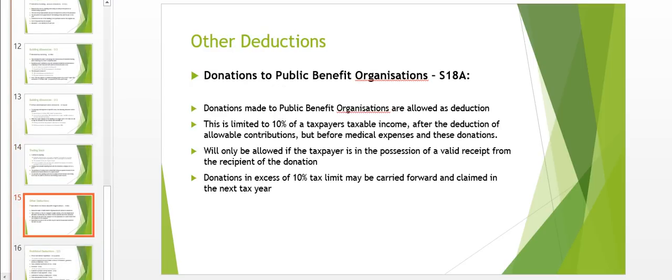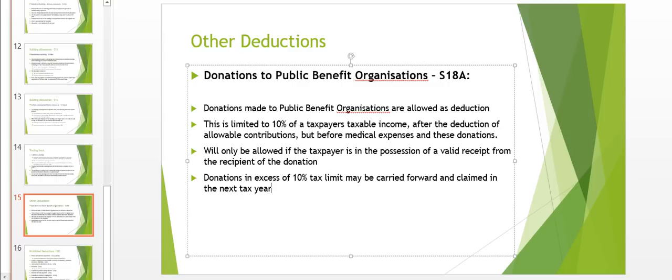Okay, and then just some other donations. You've got a donation to public benefit organizations. That's your Section 18A. So that's when you make a donation to any charity or any public benefit organization, then the portion of this donation may be deductible according to Section 18A.